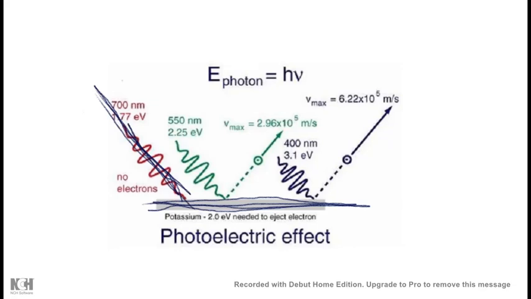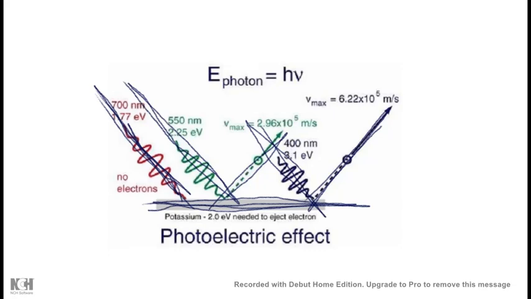And yet when you applied a different coloured light, green or blue, then you got this effect of electrons shifting along. It's not quite as simple as this diagram makes it out to be.